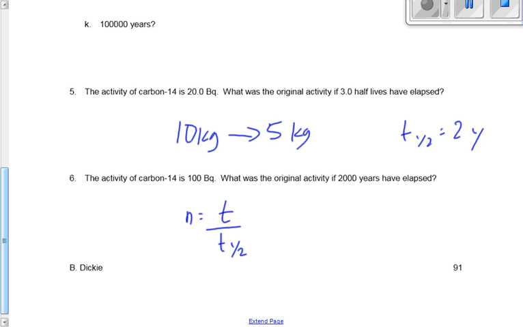Number of something is always total over the amount for one. The number of half-lives is equal to the total time divided by the time for one half-life. So it's t over t 1/2. That one's not on our data sheet, but it's a fairly easy one to come up with.